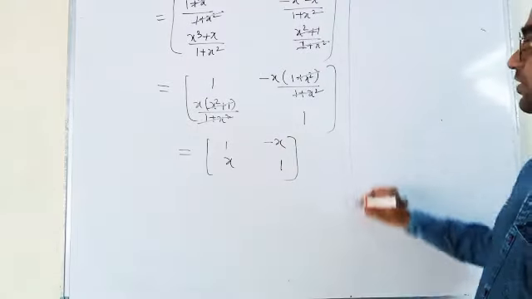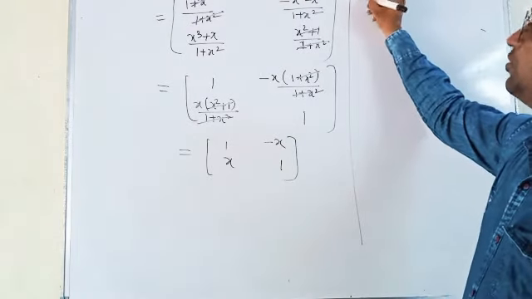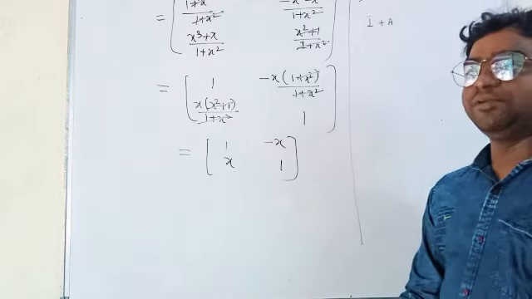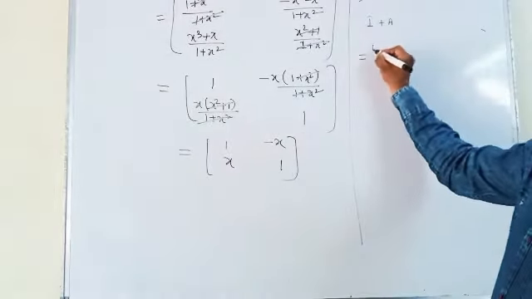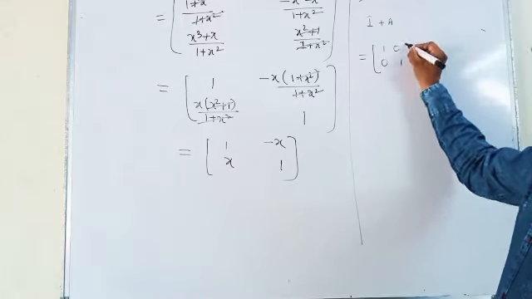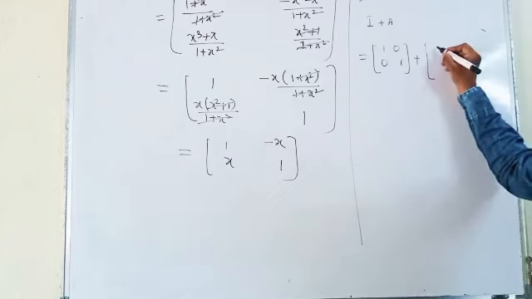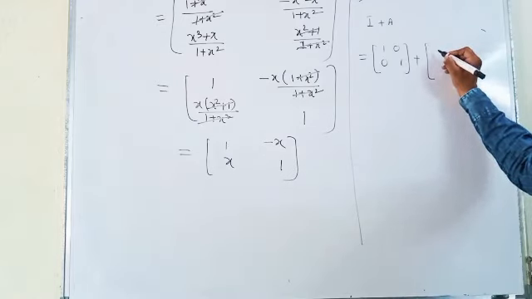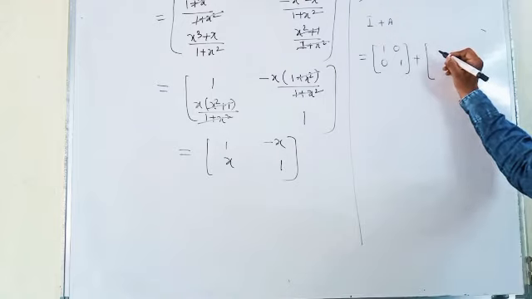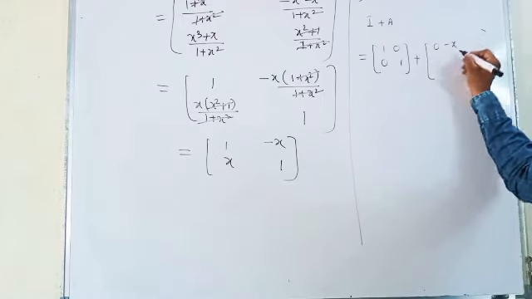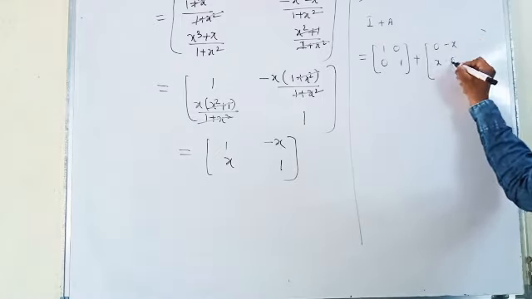Here we need to find the left hand part also. Left hand part is in the form of I plus A. Here instead of I you will write 1001, and in place of A you will write what the question gives, in the form of 0 minus tan alpha by 2, in this case x, then x, and this one is 0.